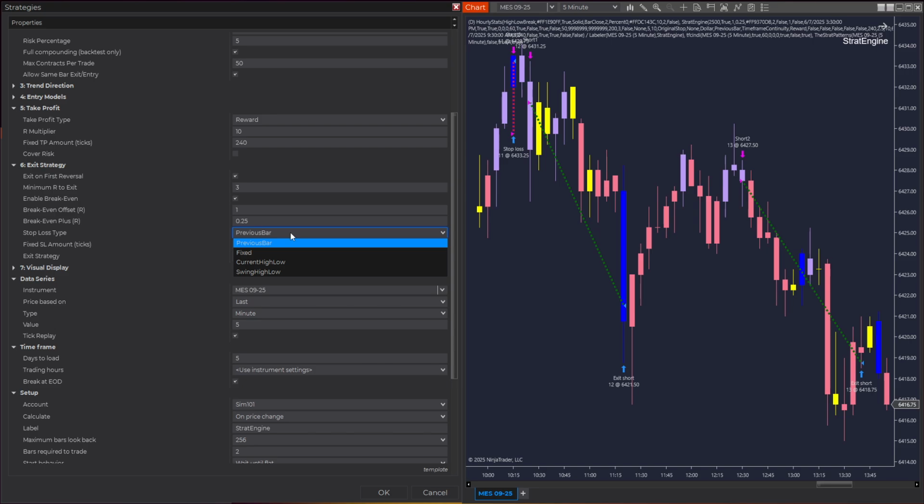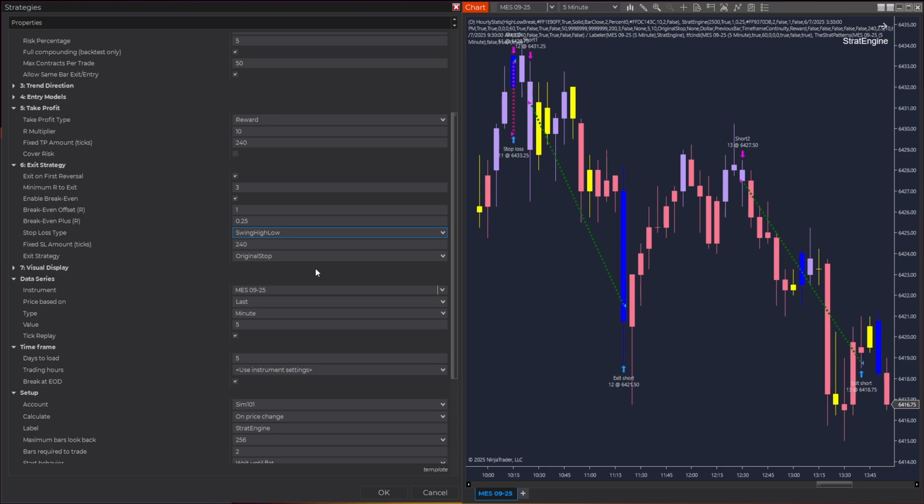The original stop loss type options for that are the usual Strat previous high low. We can specify a fixed stop loss amount, also in ticks. Another new feature coming out soon, just now beginning the testing of, is the most recent swing high low.